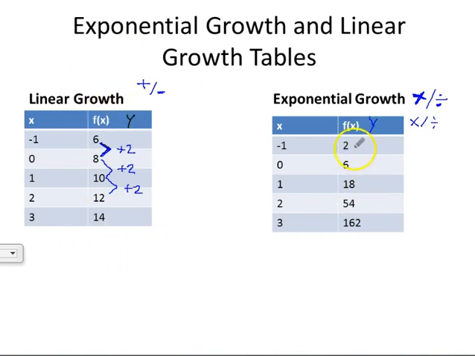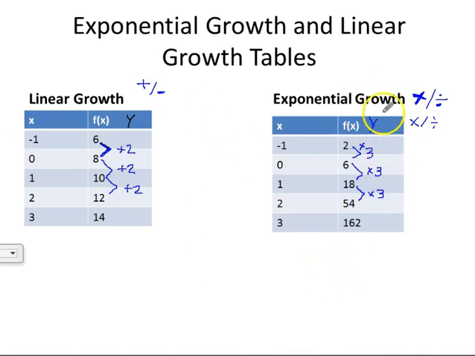So from 2 to 6, what do we multiply times 2 to get to 6? 3. So we're multiplying times 3. How do we go from 6 to 18? We multiply times 3. From 18 to 54, we're multiplying times 3.